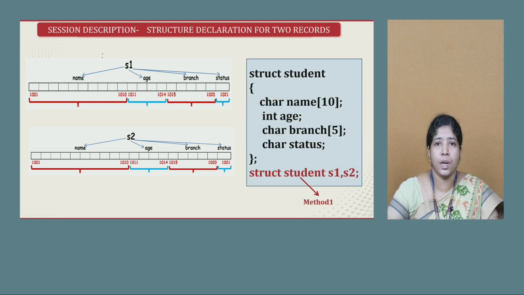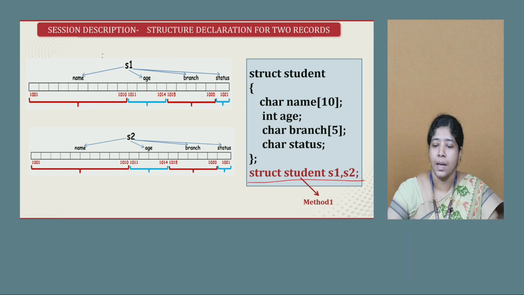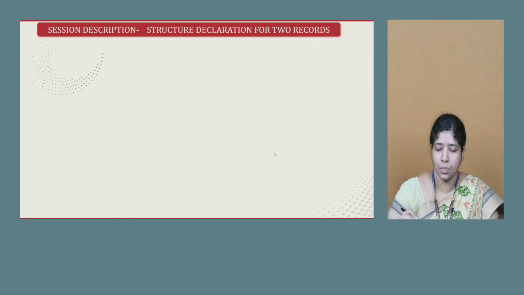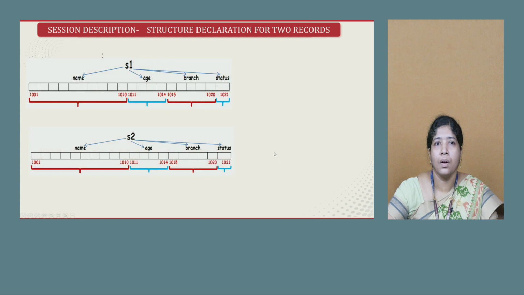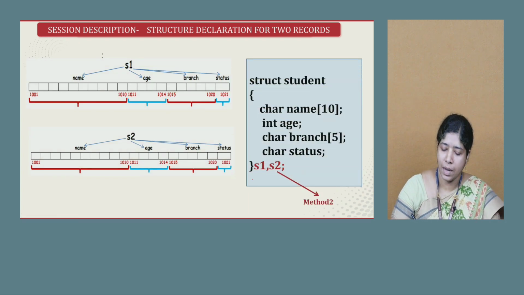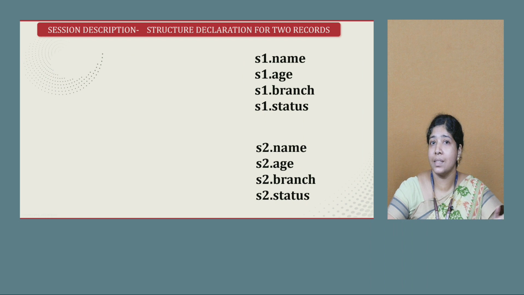So the very first one, see there, I have used S1 and S2. So we are declaring these members in method 1 as S1 and S2 here. Now how to access them again?